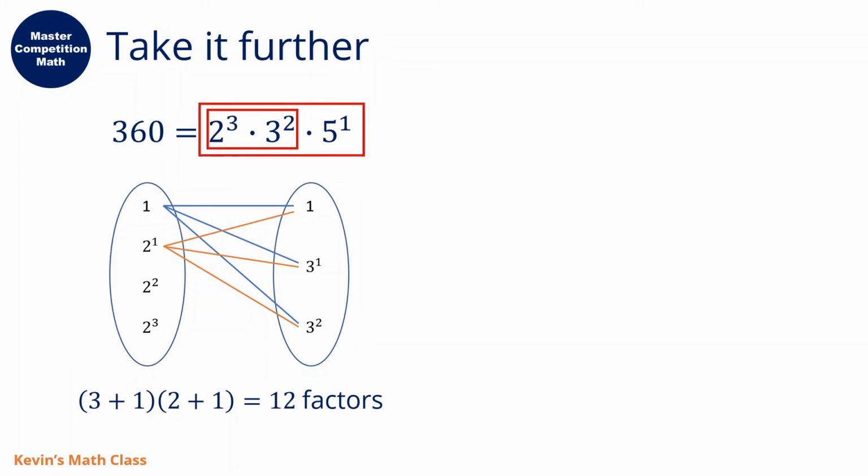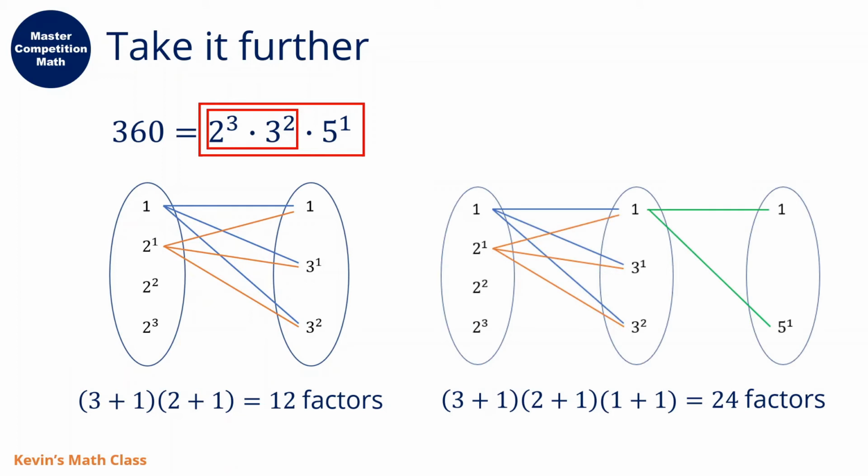And then we have 5 to the power of 1. That means the 12 factors we get here can either be multiplied by 1 or by 5 to the power of 1. Two options. These two come from 1 plus 1, a similar idea. So now we just use 12 times 2.